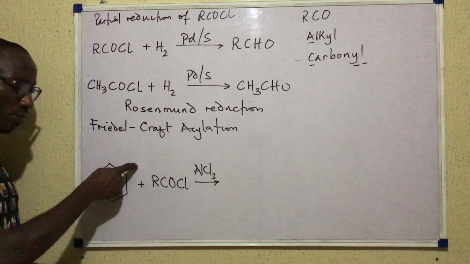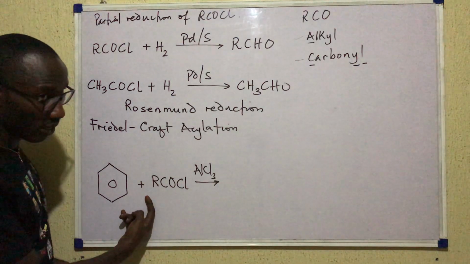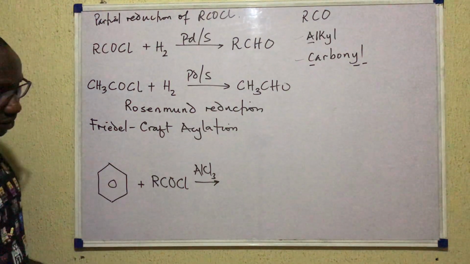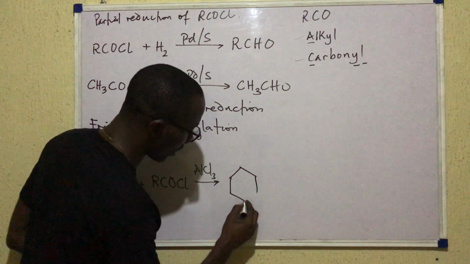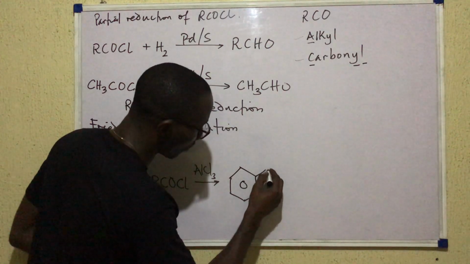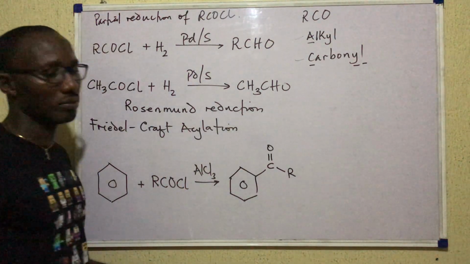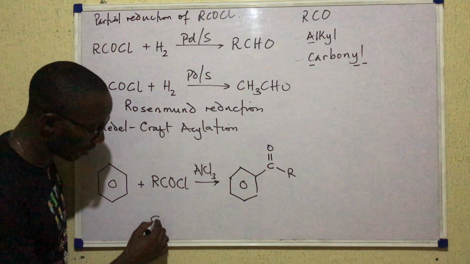Of course, what will leave our benzene is hydrogen. But what do you think will replace it from here? Acylation. So it's the acyl part that replaces it. So that our product here will be drawn as the benzene ring, and then on top of that we have COR. That's acyl.